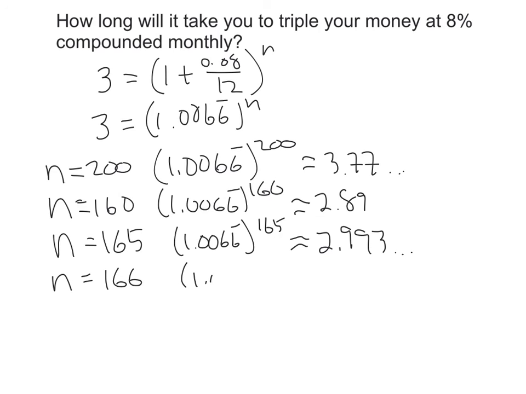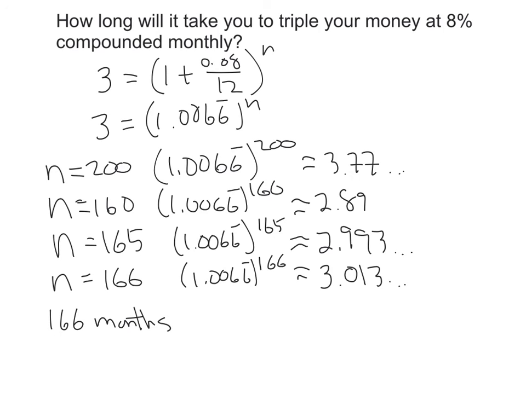So 1.0066 repeating to the 166th turns out to be, yep, 3.013 and so on. So what that means is 166 months, because each compounding period is a month.